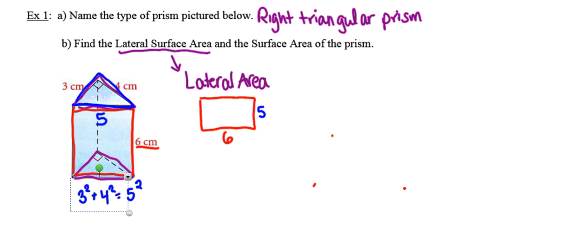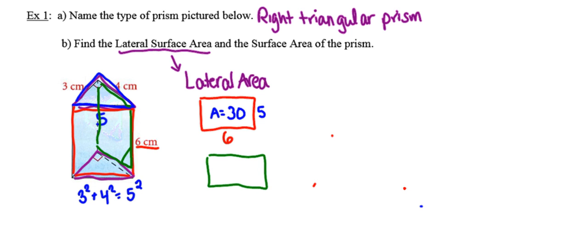So the front face of my prism is a rectangle that measures 5 centimeters by 6 centimeters with an area of 30. This next face that I'm going to highlight in green is also a rectangle, but its dimensions are a little bit different.